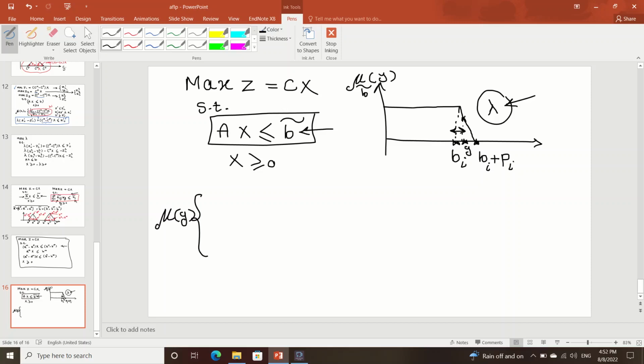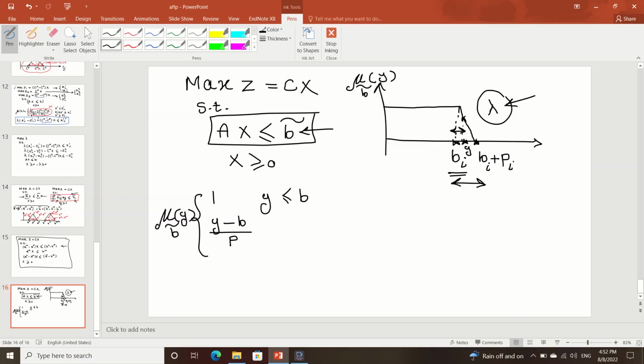For example, this equals 1 if y is less than b, and otherwise we consider (y minus b) divided by p.